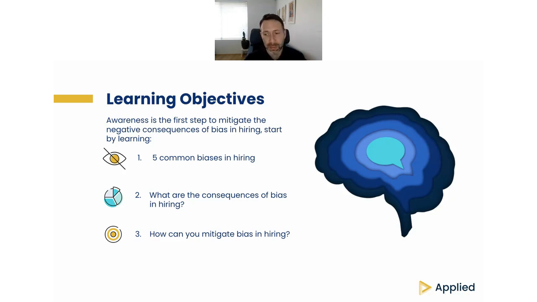What does it mean in terms of our day-to-day decision making, but specifically what does it mean in terms of talent acquisition and hiring? And thirdly, how can you mitigate bias in hiring? What are the methods you can use? Again, it'll just be a taster because there are some more detailed webinars later on, but this webinar definitely a great place to start.